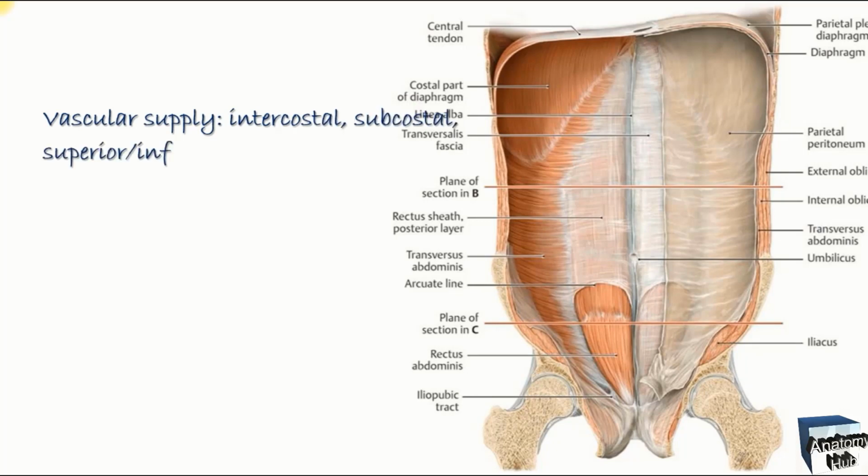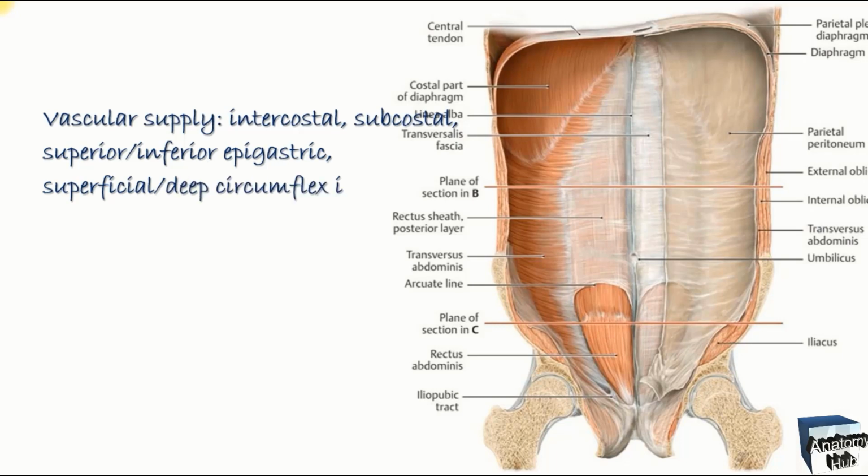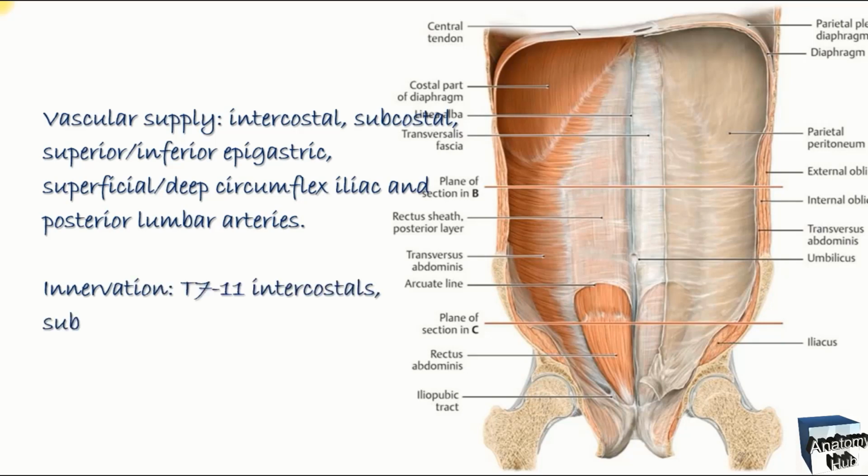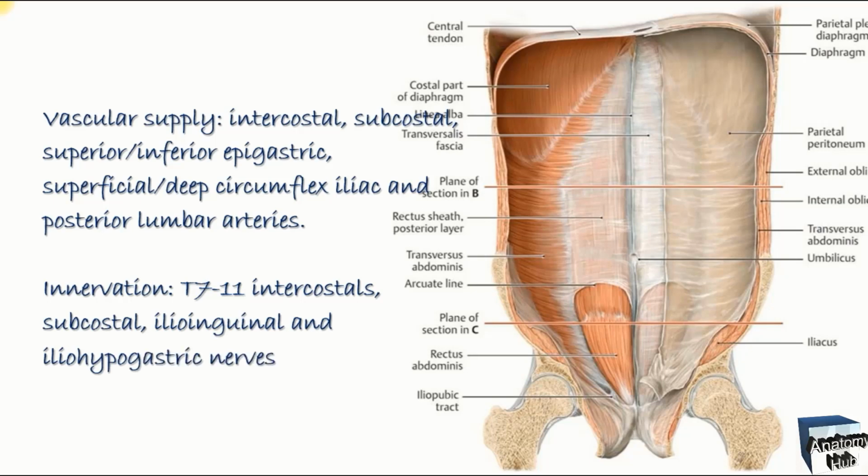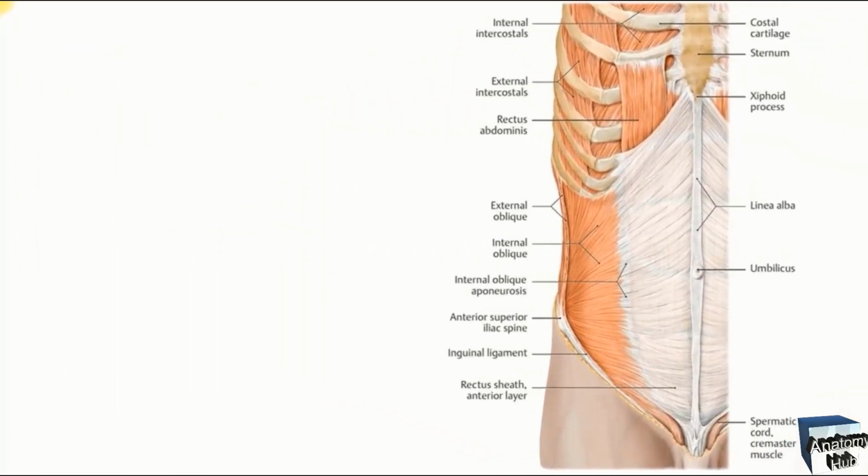Its vascular supply is from the intercostal, subcostal, superior and inferior epigastric, superficial and deep circumflex iliac, and the posterior lumbar arteries that I have already told you. Its innervation is by the T7 to T11 intercostals, subcostal, ilioinguinal and the iliohypogastric nerve.